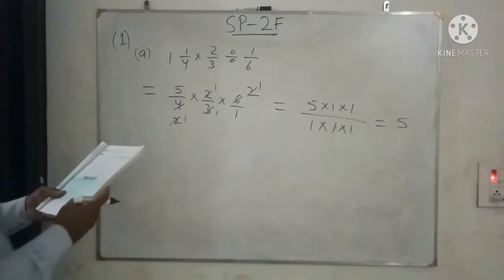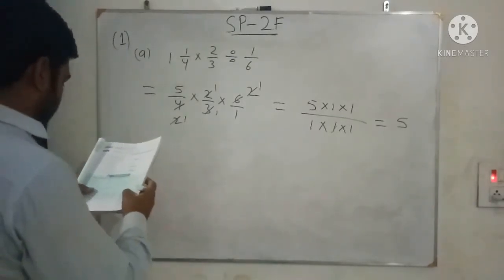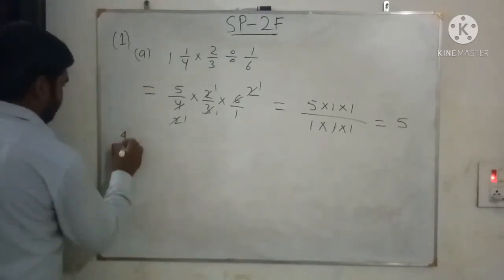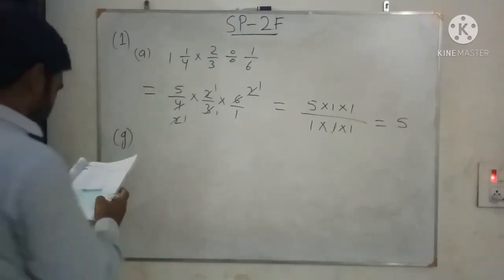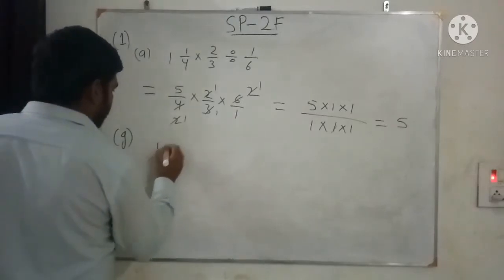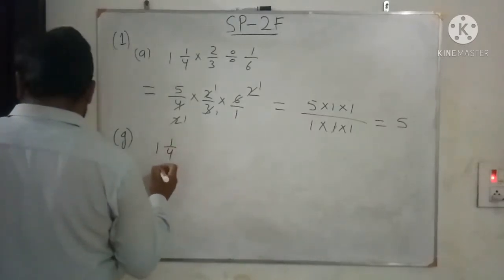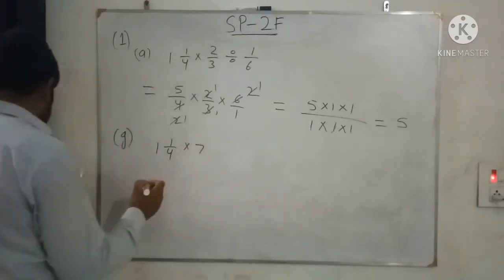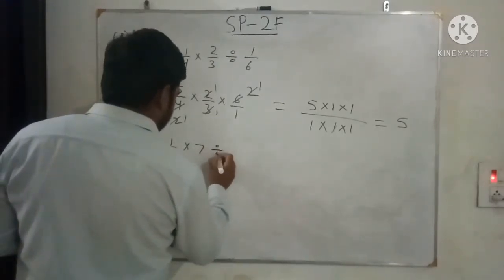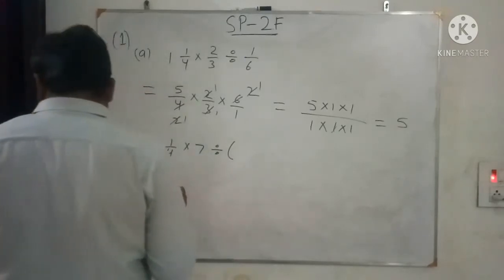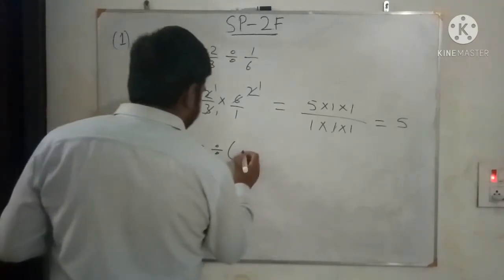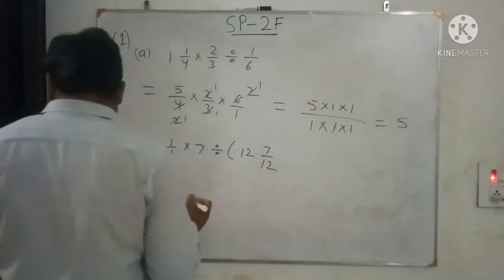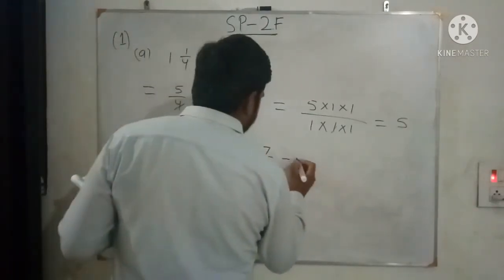Now see the last question, 1G. 1 by 4 multiply 7 divided by 12 7 by 12 minus 11 1 by 3.